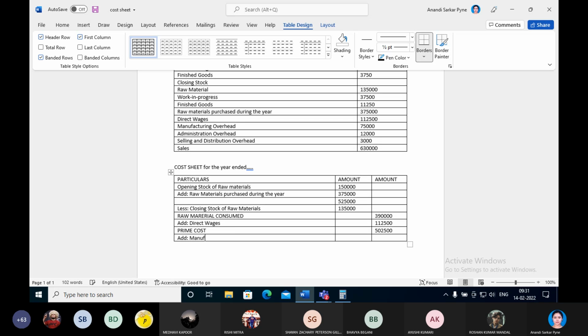So add manufacturing overhead, which is 75,000, or we can do it in the inner column. Add opening work in progress, WIP, which is 45,000.